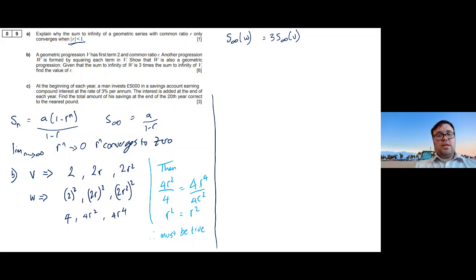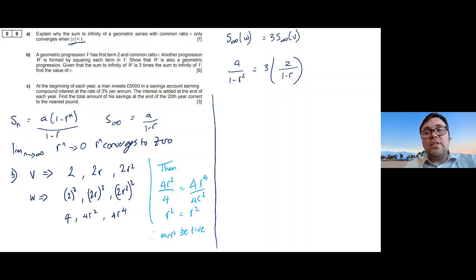The sum to infinity is a, the first term, which is going to be 4, over 1 minus, and this time it is r squared because that would be the common ratio for W. That is equal to 3 times, here we have the a, which is 2 over 1 minus r.